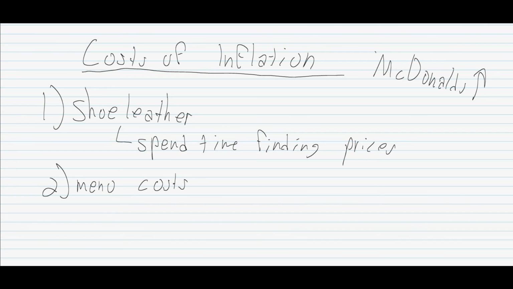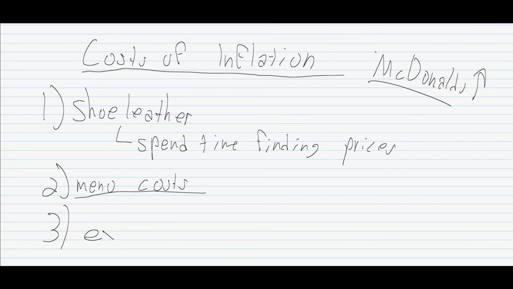So they have to replace every single menu in the entire world with the new menu of the new prices in order to cover those costs. That's the menu cost. The cost of replacing the menus. That's usually only with those big expensive menus like at McDonald's. If you're a little business that hands out paper pamphlets as menus, it's a lot simpler to replace them. Nonetheless, you have to adjust.